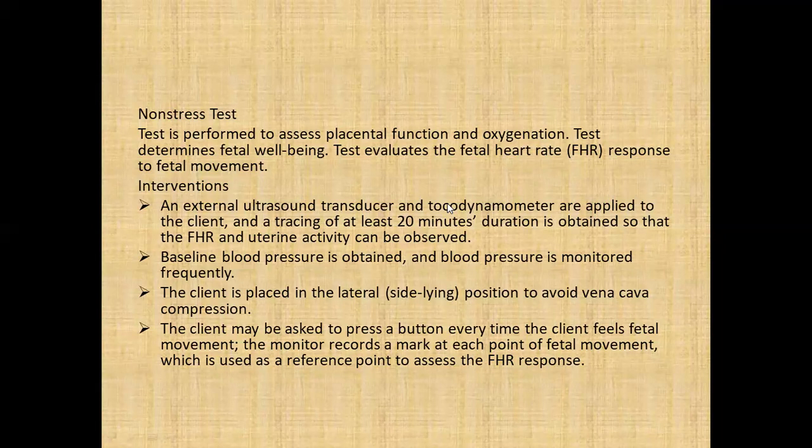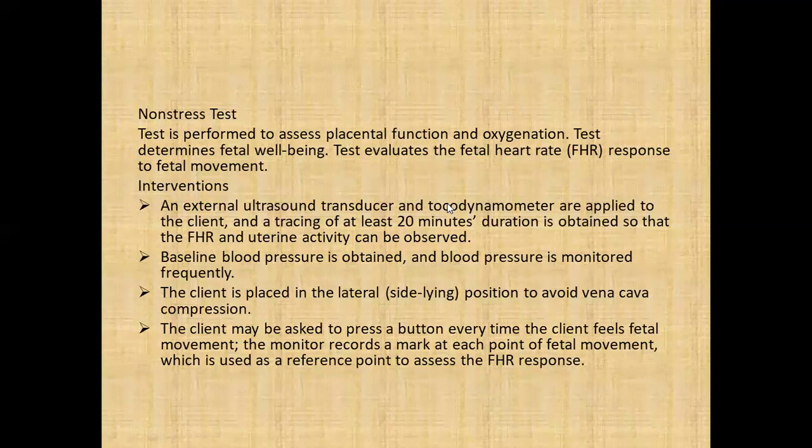After the 20 minutes, the healthcare provider pulls the record and assesses it against the fetal heart rate. Uterine activity will also be monitored. We have to monitor the maternal blood pressure along the line, and we monitor the mother as well.